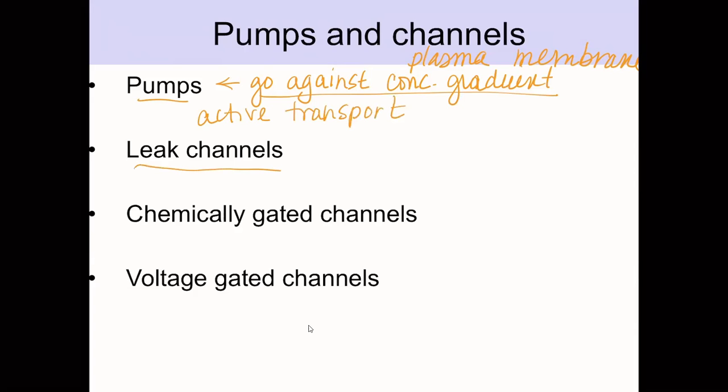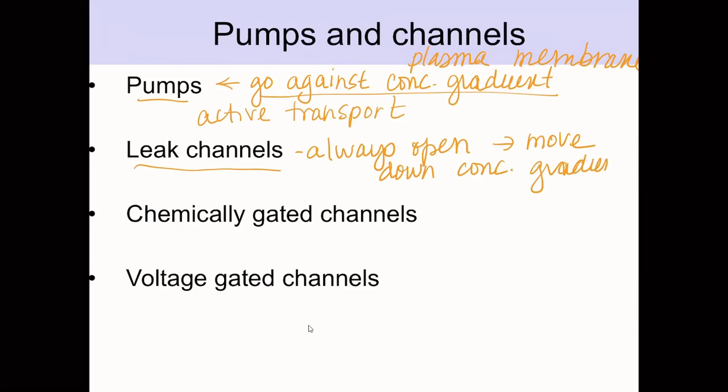We have things called leak channels. Leak channels are always open, and things are going to move down the concentration gradient in them. Things are just going to kind of leak through.